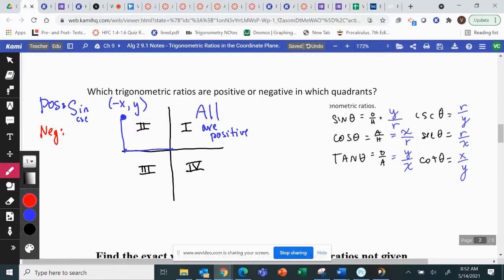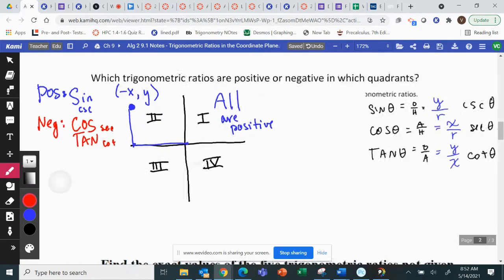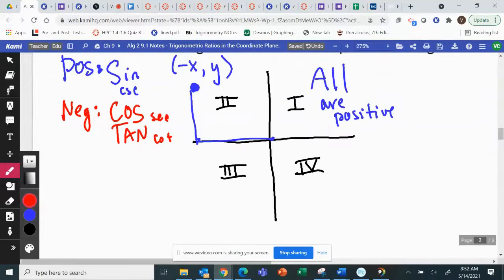Anything with an x. Cosine and tangent, and then flipping those as well. I don't usually write the flipping ones, but I just usually write the main ones. So that's quadrant 2. If you're in quadrant 2, only sine or cosecant will be positive.